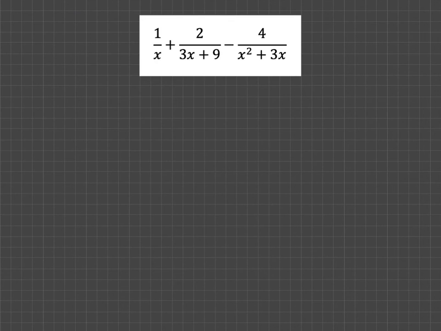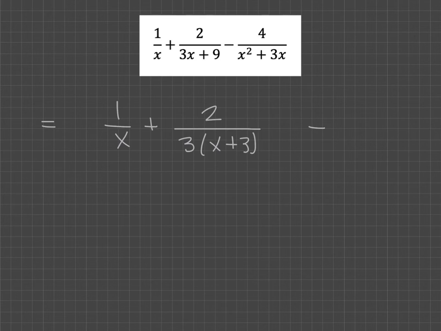Okay, this time we've got 3 rational expressions, so we're really just going to do the same thing that we have been doing. We're just adding an additional rational expression. First thing we want to do is to factor. First one, nothing to factor, we just have 1 over x. And the second one, we can factor out a 3 and are left with x plus 3.